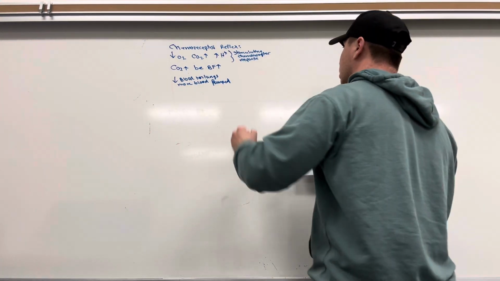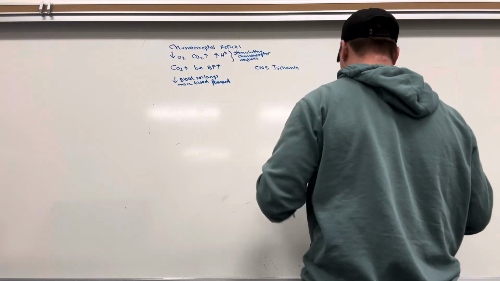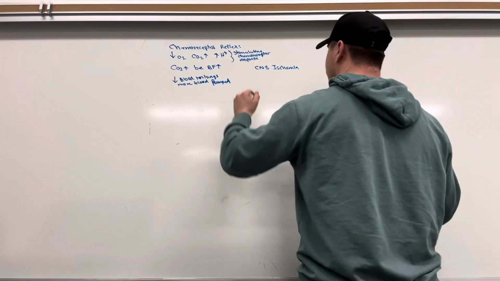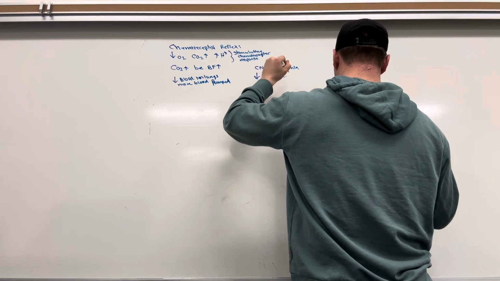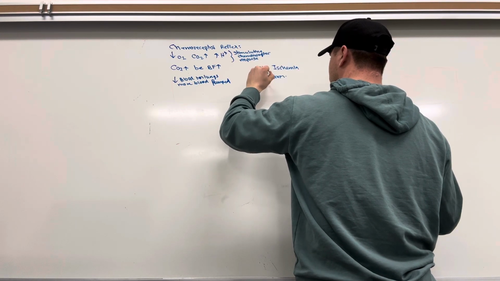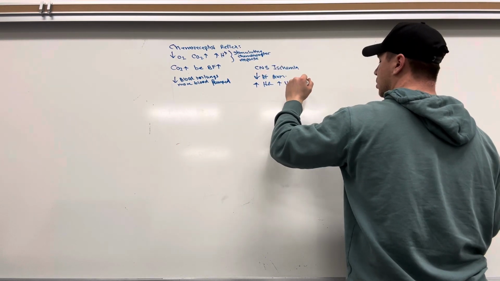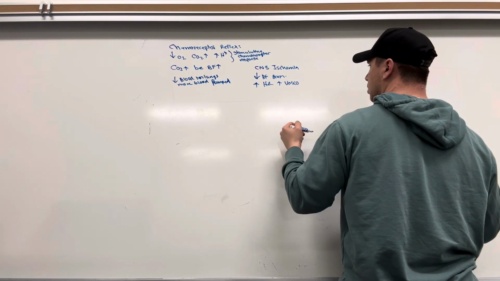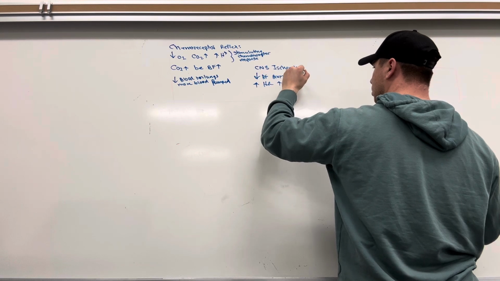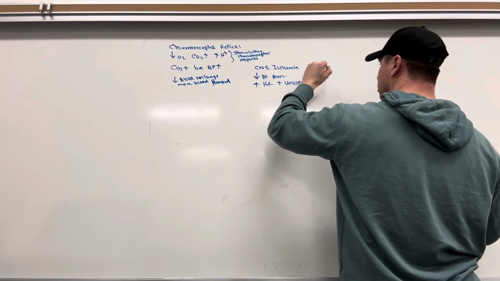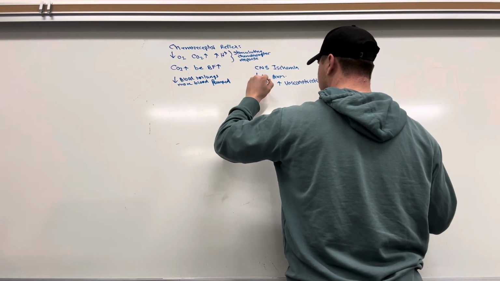An example of this is called CNS ischemia, or lack of blood flow going to the brain. So a decrease in blood flow to the brain, and what this does is it increases heart rate and increases vasoconstriction, which increases blood pressure.